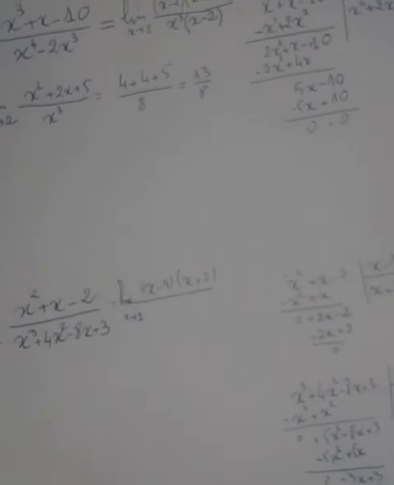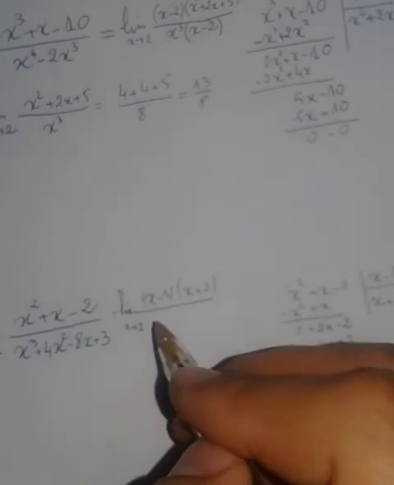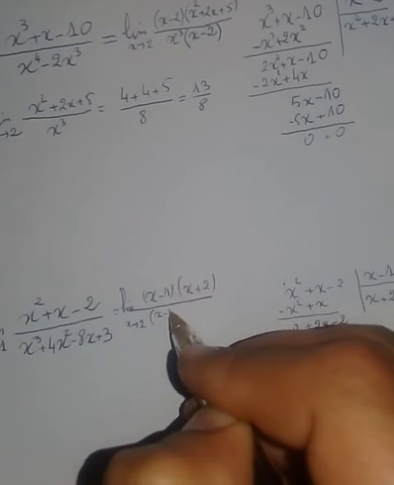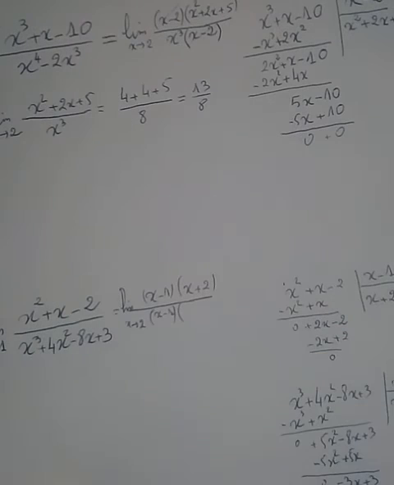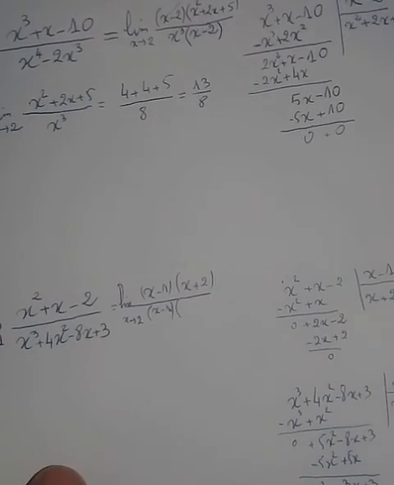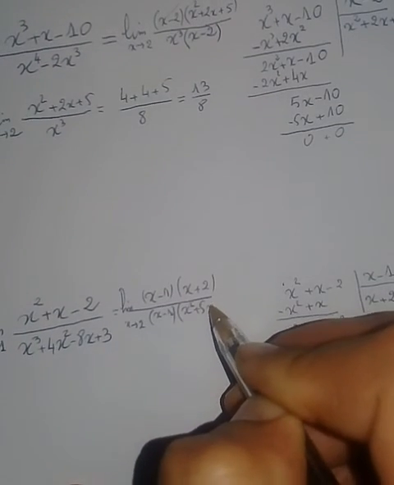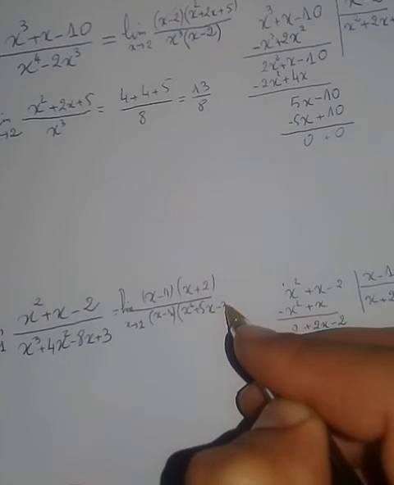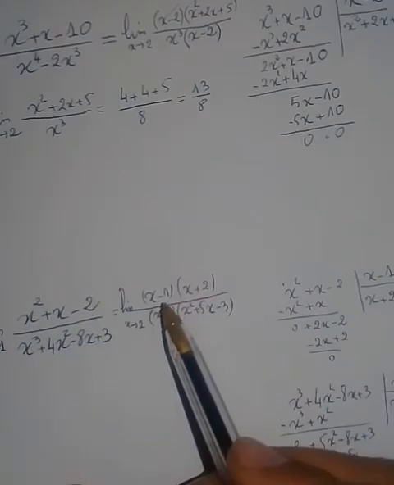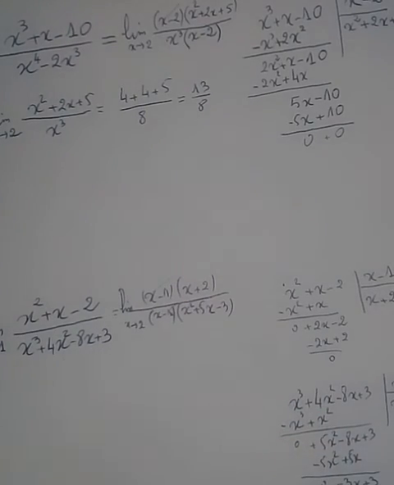So at the bottom I get x minus 1 times x squared plus 5x minus 3, and this will cancel.